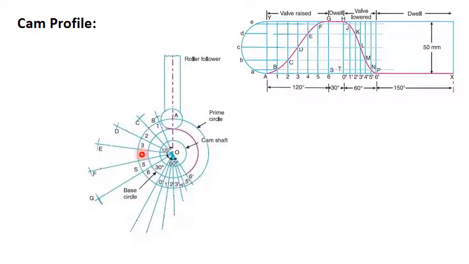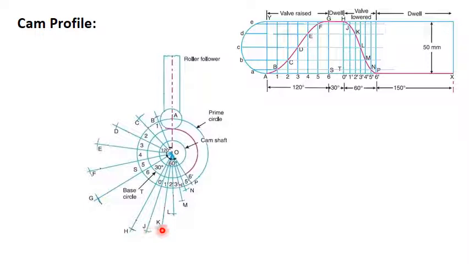From 3 you measure, keep your rounder here at 3 and draw the arc D. Then 4E, take the length 4E with your rounder, then keep your rounder here and draw this arc at E. So this all you are doing with your rounder. 5 to F you measure, draw that arc here. 6 to G you measure, draw that arc here. Similarly, you have to measure 0 dash and H. So keep your rounder here at 0 dash and cut H.